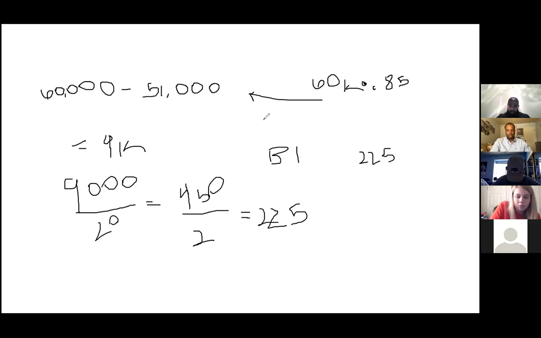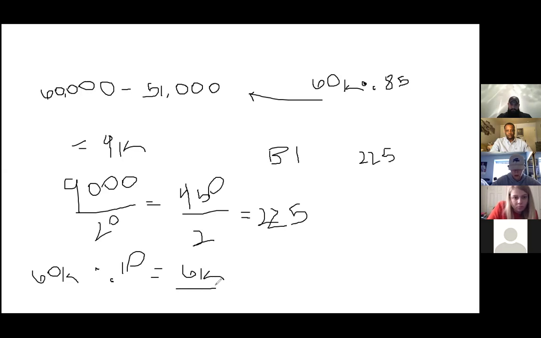And then in order to figure out what you're debiting cash, you just do 60 times the interest rate of the bond, multiply that by 0.1, which is equivalent to 10%, and you get 6,000.